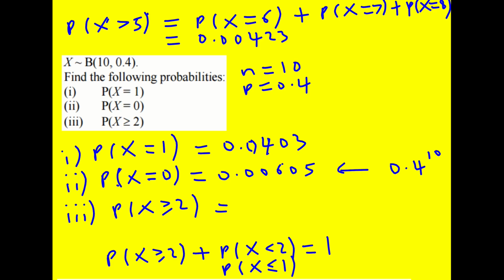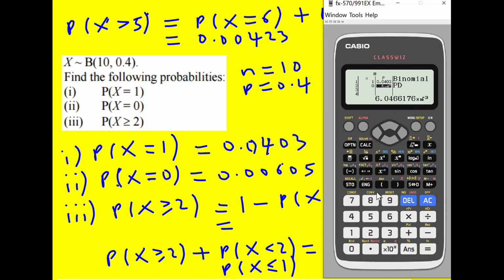Didn't talk about that before actually, but there's a difference between continuous probability distributions where your random variable can take any value, and a discrete one where it only can take certain values. Binomial is an example of a discrete probability distribution. So I can rearrange this to 1 minus the probability that x is less than or equal to 1. Fantastic, because I've actually already figured this out. It's just these two added together from before.